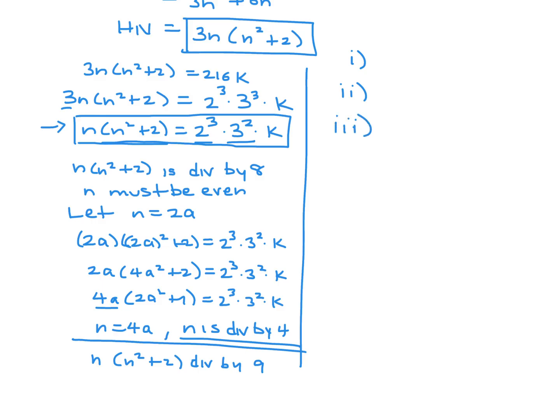We have to figure out which one is actually going to work. The first one is that n is divisible by 3 and n squared plus 2 is divisible by 3. If they're both divisible by 3, the product will be divisible by 9. That's the first scenario.